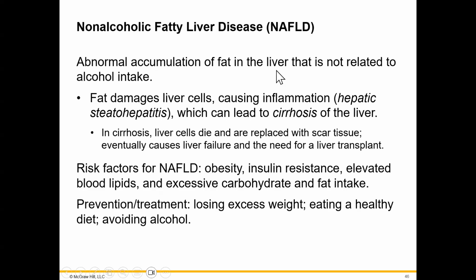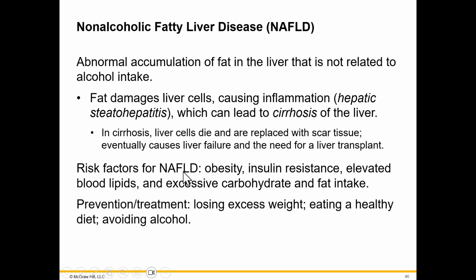It leads to an abnormal accumulation of fat in the liver, not associated with alcohol. Okay, remember alcohol is metabolized in the liver, but this is not associated with that. These fatty deposits do damage the liver cells, causing inflammation, and that means the liver cannot filter the blood properly and can lead to scarring known as cirrhosis of the liver.